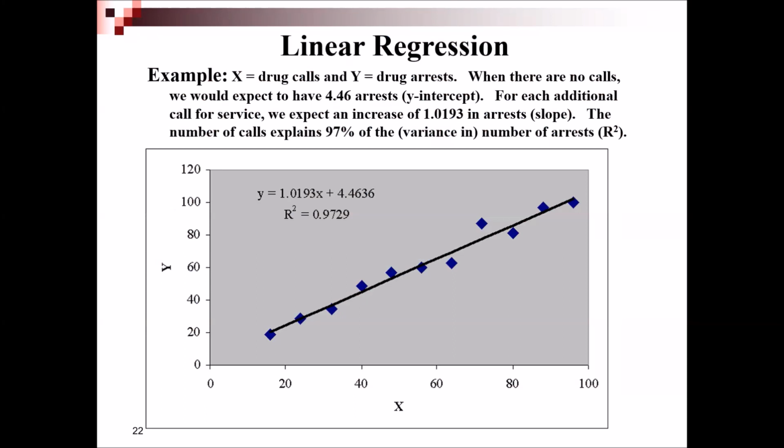R squared equals 0.97 means that 97% of the variance in these drug arrests can be explained using this model. This is really good. Most of my models are like 0.3. As points get further away, this R squared basically tells us how far away the line is from the actual points.